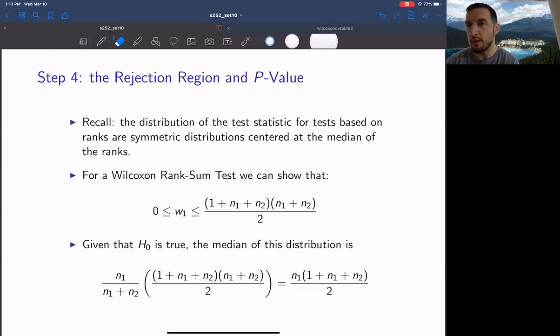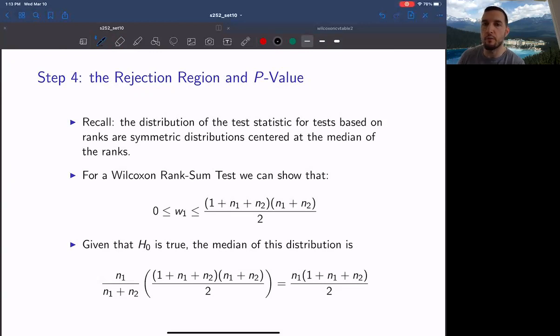For the Wilcoxon Rank-Sum Test, that logic is almost the same. Since we are dealing with rank sums, and our test statistic is the sum of the ranks from the first population, whichever one we declare to be population 1, it follows that the lower bound on the test statistic would again be 0.